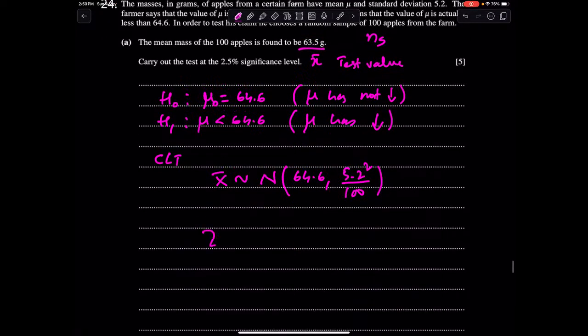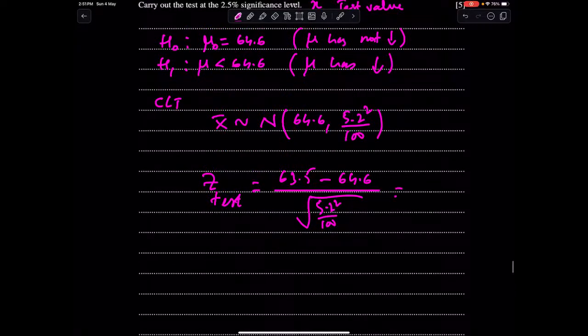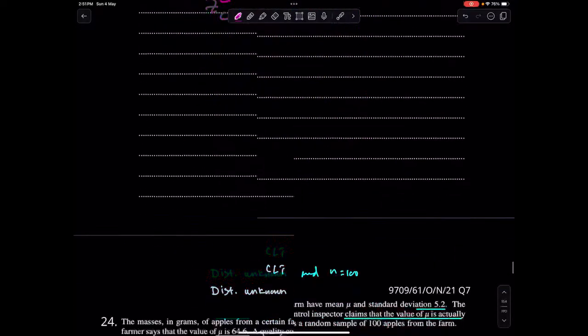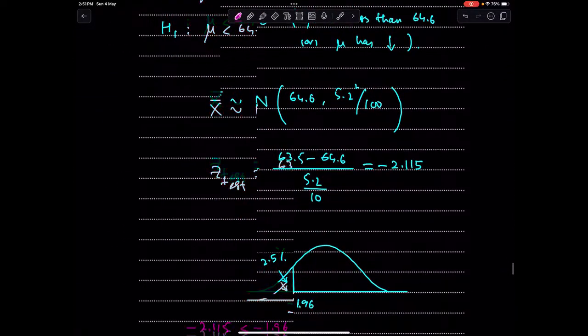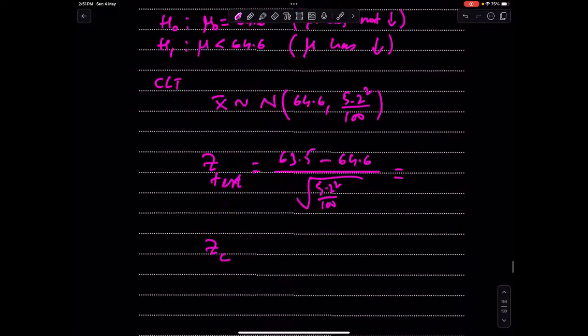Now Z test. It is X bar, which is 63.5, minus mu naught, over the square root of 5.2 squared over 100. So this will give you Z test. Now Z critical at 2.5%. So Z test is minus 2.115 and that is minus 1.96.